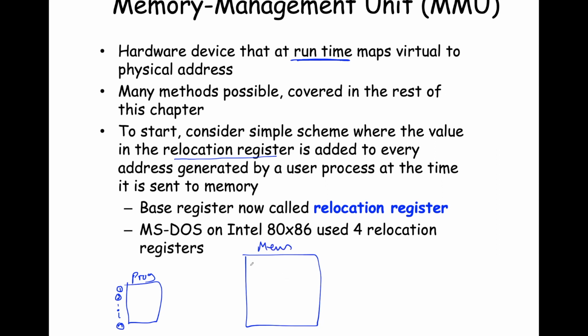And if that program is loaded, let's say at address 1000, well, that program has instructions that are the first instruction, which is at address 1000, the second, the ith instruction up through the nth instruction. Now, of course, if we take this so-called relocation register, that relocation register really just describes where in memory that particular program's beginning instruction was loaded.